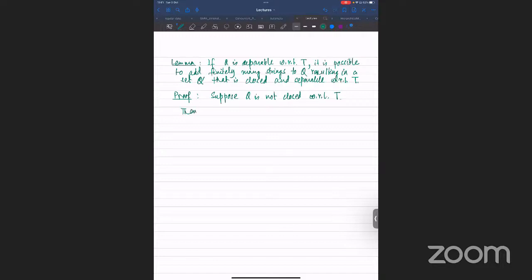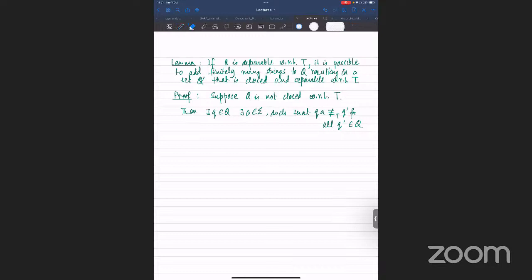Then by the definition of closure, there exists a q and there exists some a such that qa is not T equivalent to q prime for all q prime belonging to Q. Okay.